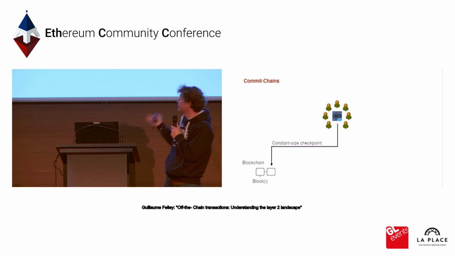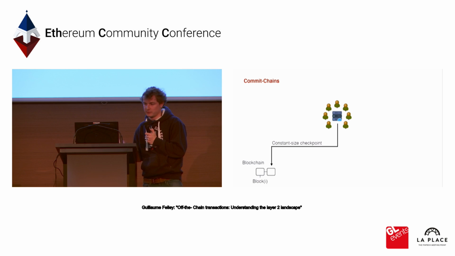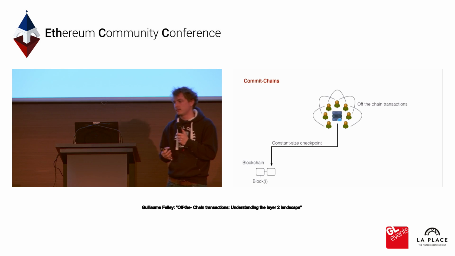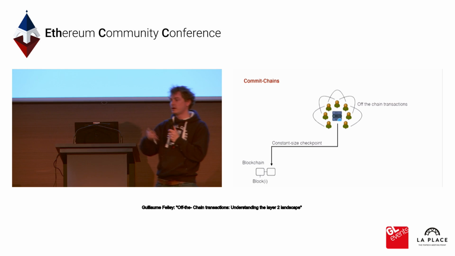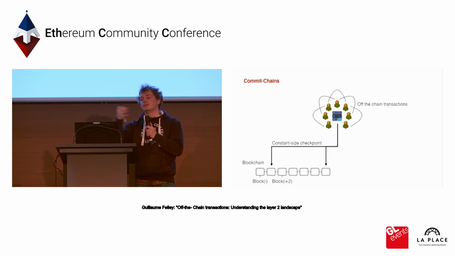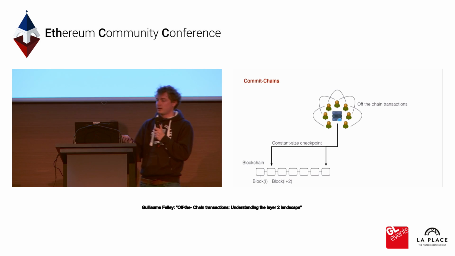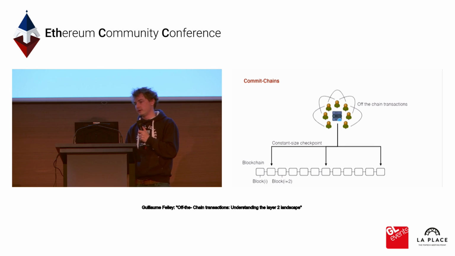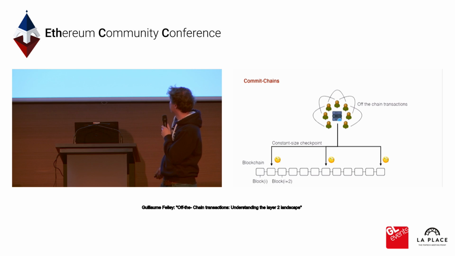This operator periodically commits a constant-size checkpoint, which is actually a Merkle root. The users make off-chain transactions by talking to the server. After some time, there will be a new Merkle root that updates the state of everybody with their transactions, and it goes like this forever.